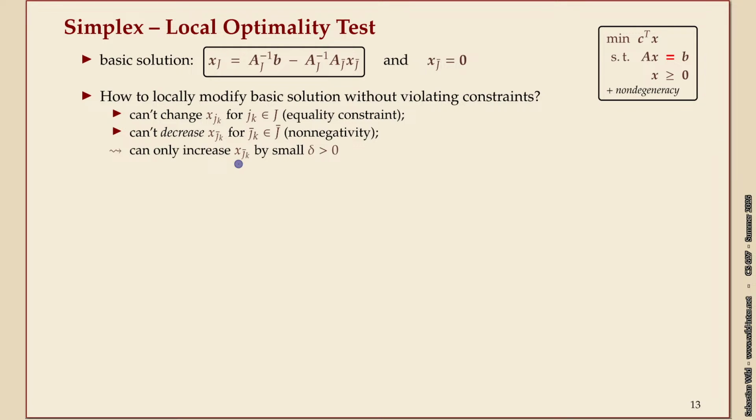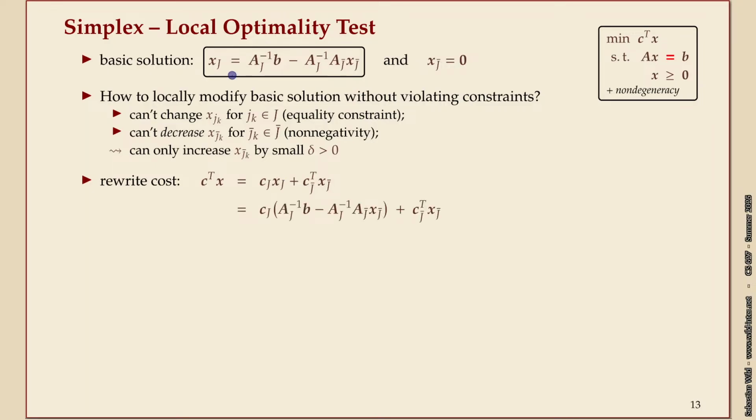So the only thing is we can increase the non-base variables and then see what happens to xj, if that makes it feasible or not. So we can rewrite the cost function and that will tell us what to do. So that's the objective function. We can split it up the same way by the variable indices that occur in J and the others.